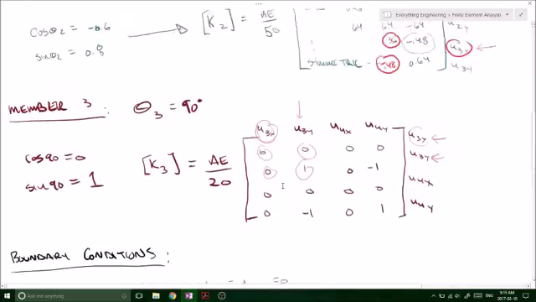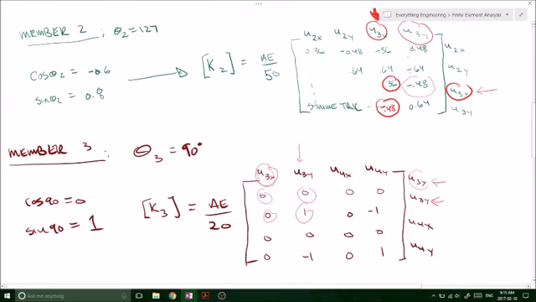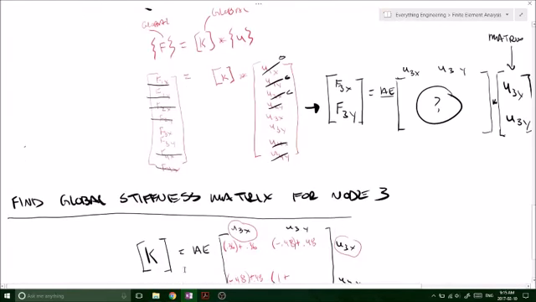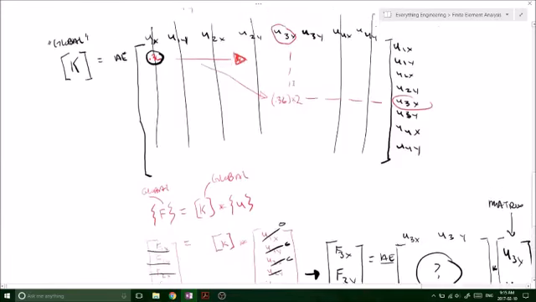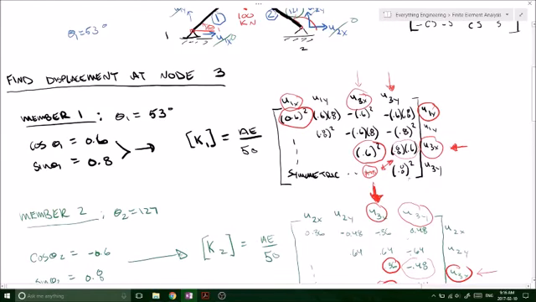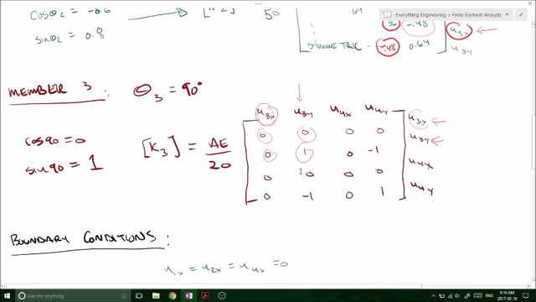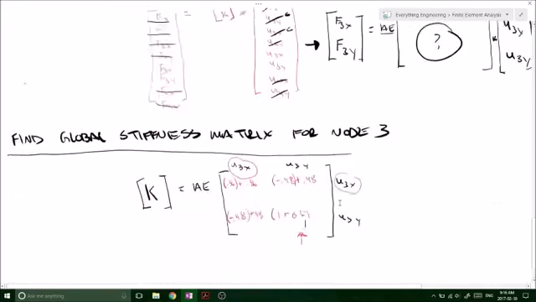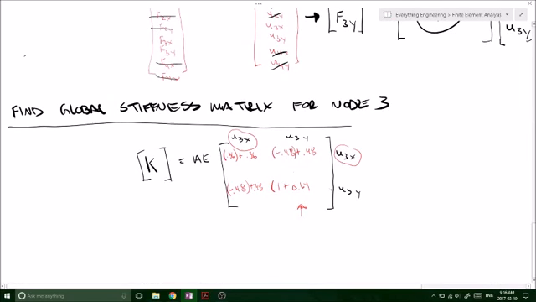Plus, looking at stiffness matrix 2, 3y, 0.64, and local stiffness matrix 1, 3y, we have 0.8 squared. So 0.8 squared is 0.64.